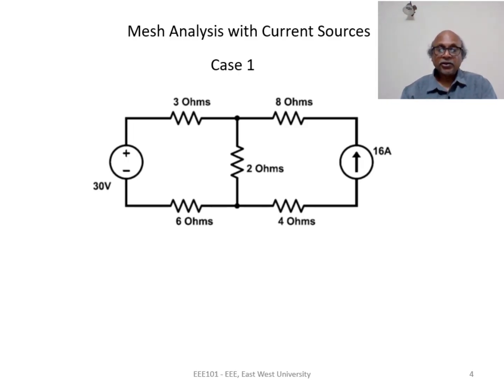In this circuit, we have a 16 ampere current source which belongs to only one mesh. There are two meshes in this circuit and we have assigned I1 and I2 currents, and the 16 ampere source is in the mesh where the current is I2. In mesh 1, there is no current source.